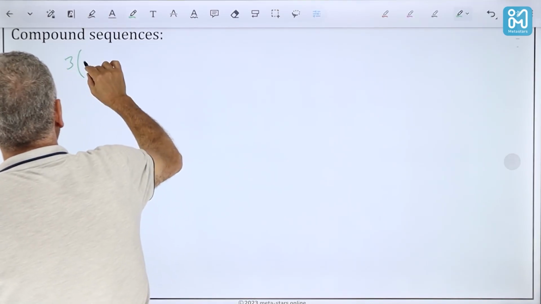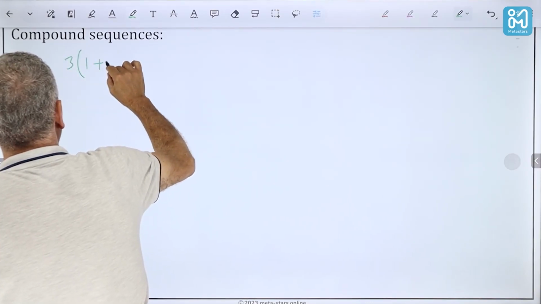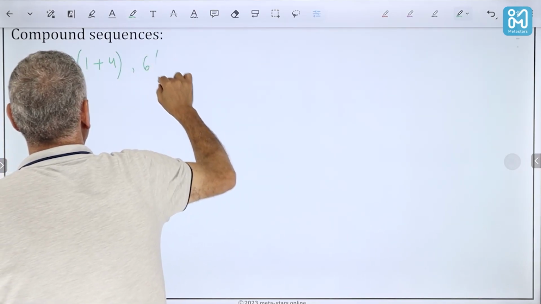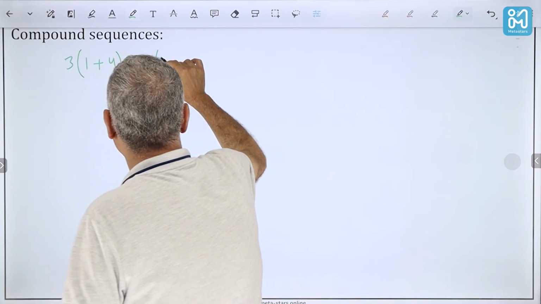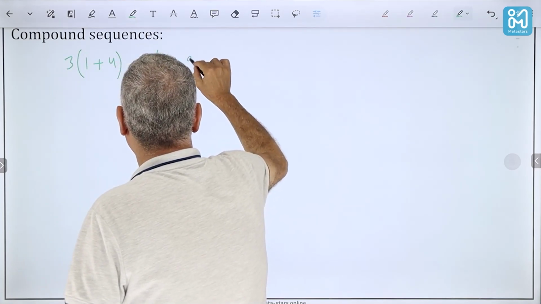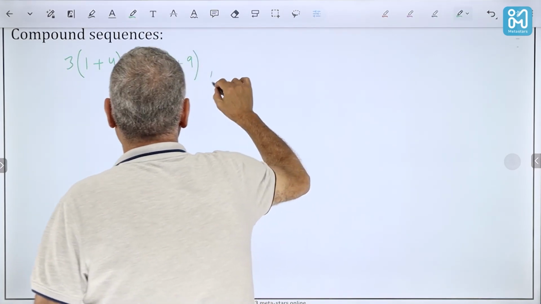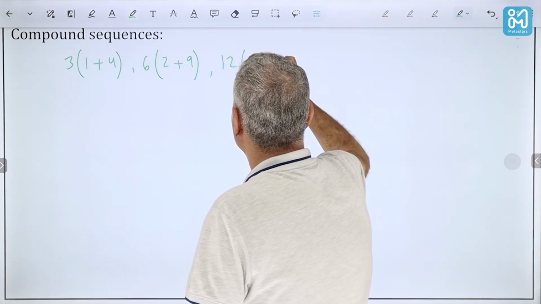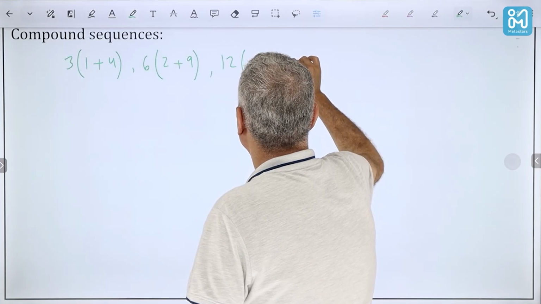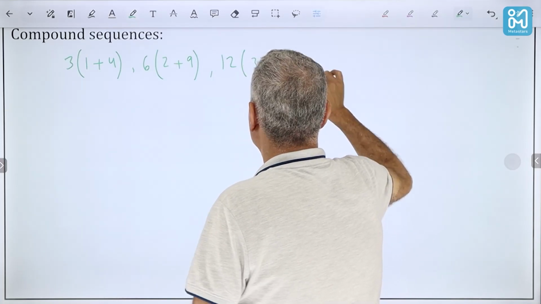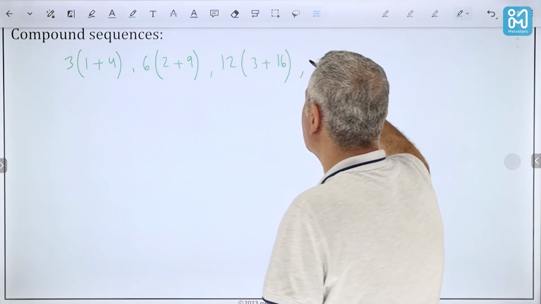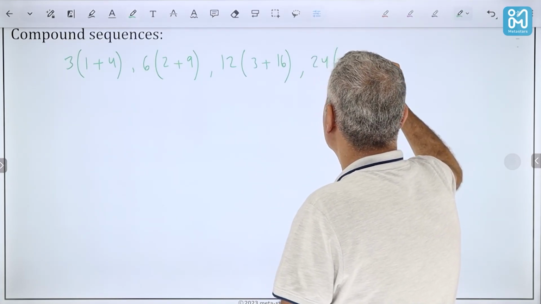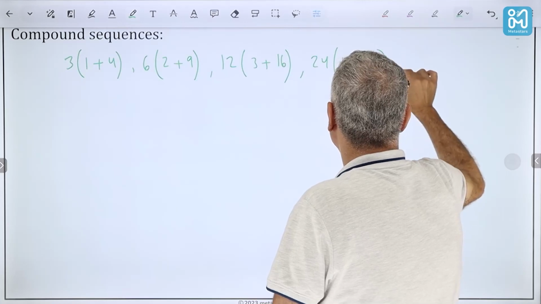3 times (1 plus 4), and then you have 6 times (2 plus 9), and then you have 12 times (3 plus 16), and then you have, see, this is complicated in a way, isn't it? 24 times (4 plus 25).